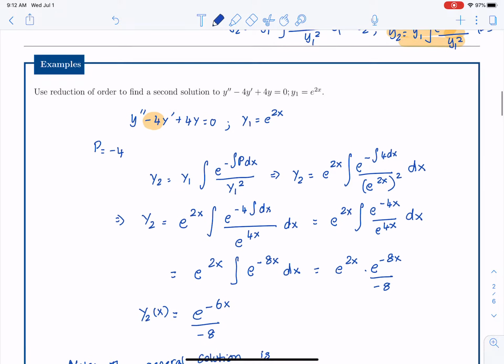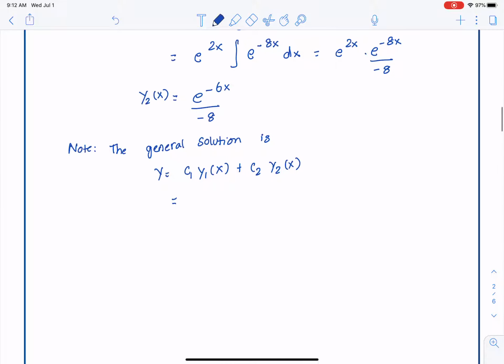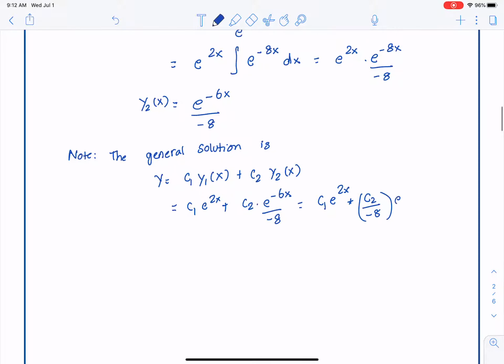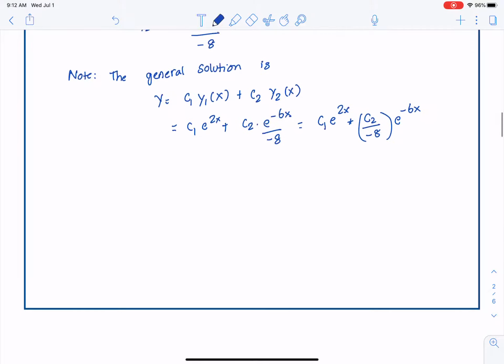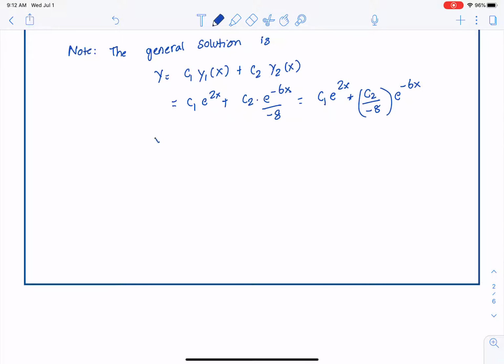And they are linearly independent, so we could write it as c1 e raised to x plus c2 times e raised to negative 6x over negative 8, which we can further write as c2 over negative 8 times e raised to negative 6x. Constant divided by negative 8 is still a constant, so I could call that c3.